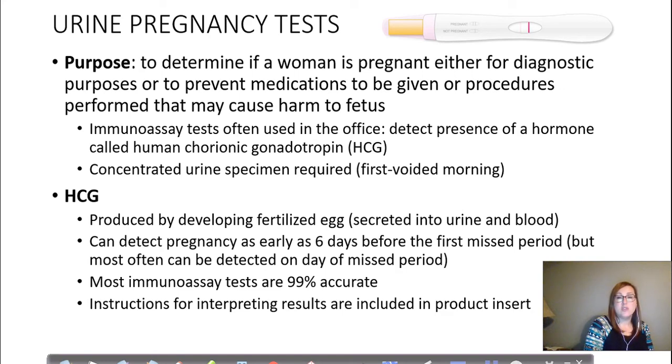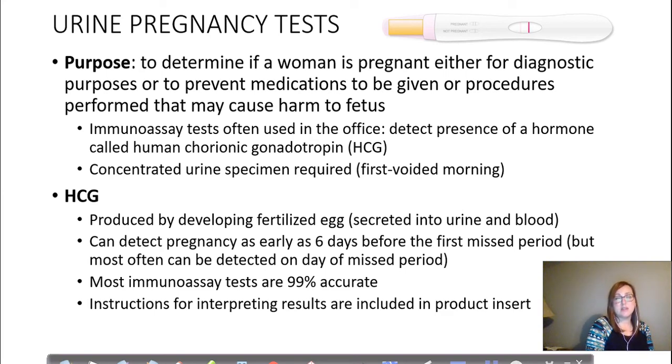Immunoassay tests are often used in the office, and that just detects the presence of the hormone HCG, human chorionic gonadotropin. A concentrated urine specimen is required. That's that first voided morning urine. HCG is produced by a developing fertilized egg, and it secretes into the blood and into the urine.